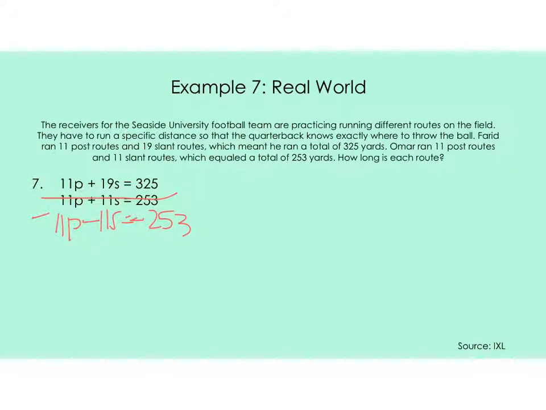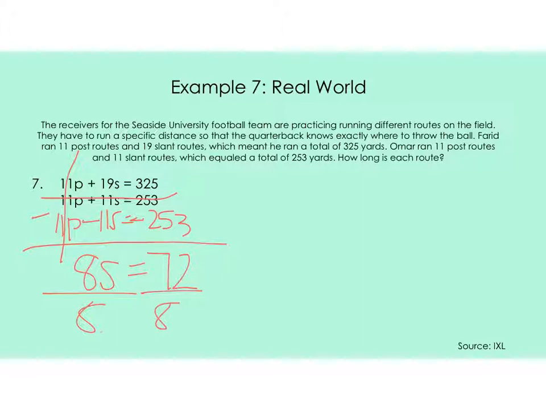So since you have the negative 11p and the 11p, you would just cross it out because that zeros. And now you would do 19s minus 11s, which would give you 8s, equals 325 minus 253, which would give you 72. And now you would just divide by 8 to find the value of the s, and s gives you 9.